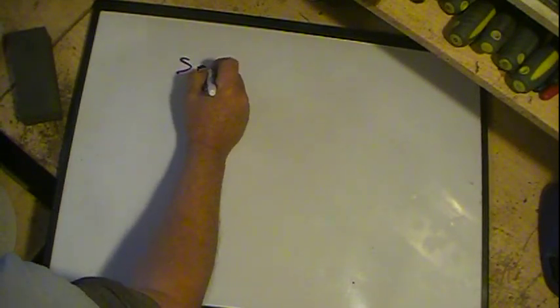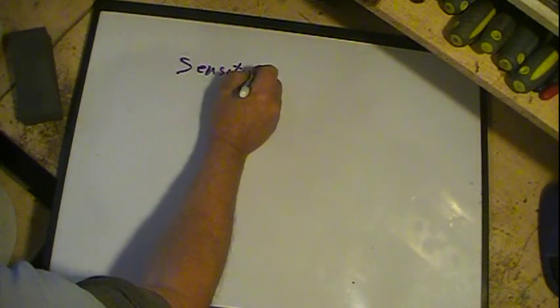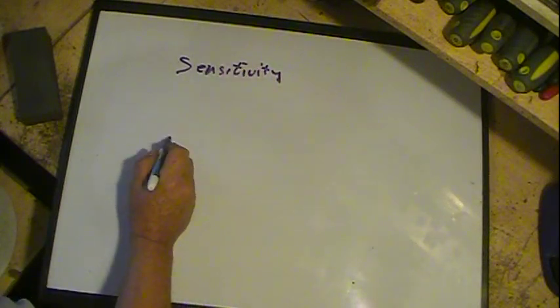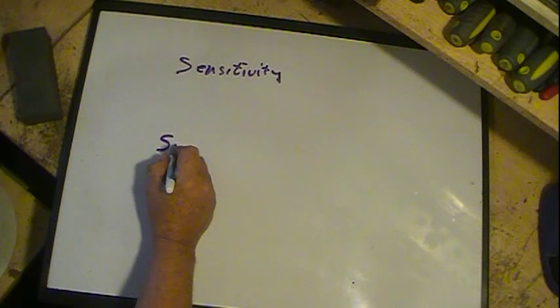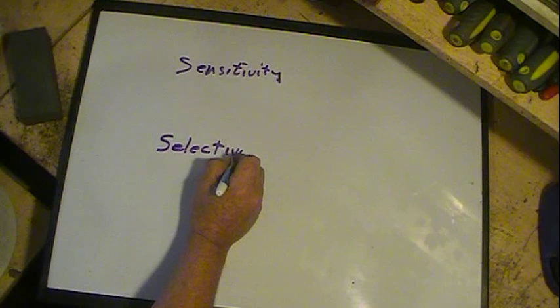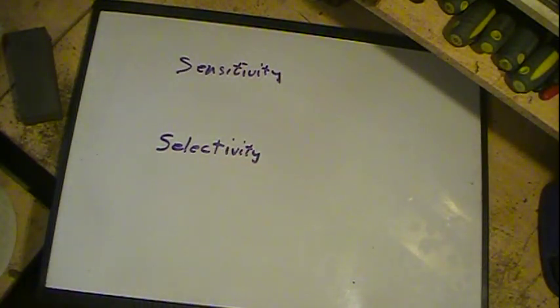We have sensitivity and selectivity. And the other one is signal to noise that you might run into. Not so much in old tube radios and stuff, but you might run into it in newer equipment.